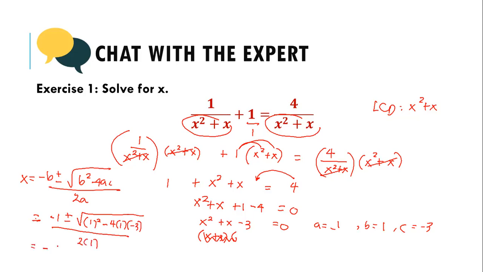So we have -1 plus and minus square root of 1 plus 12 over 2. So our final answer will be -1 plus and minus square root of 13 over 2. This is now the answer. Do you have any questions?